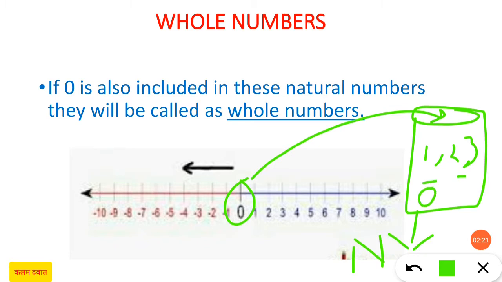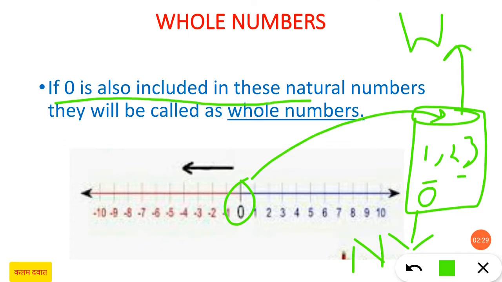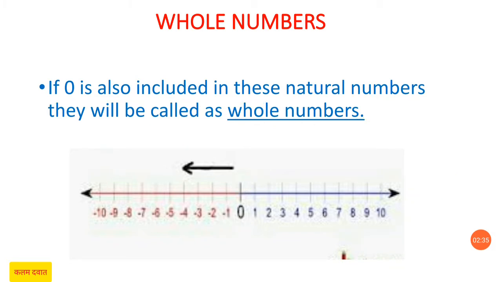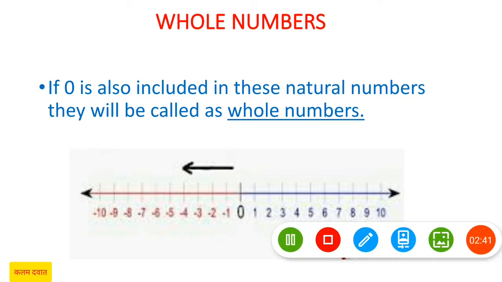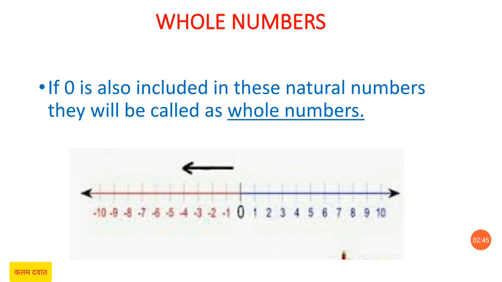So the new collection or box will be named W, which means whole numbers. If 0 is included in the natural numbers, they become whole numbers. So it is very simple. When we have collected 1, 2, 3 and so on in a box, the box was of natural numbers, but when we add 0 to it, it becomes the collection of whole numbers.